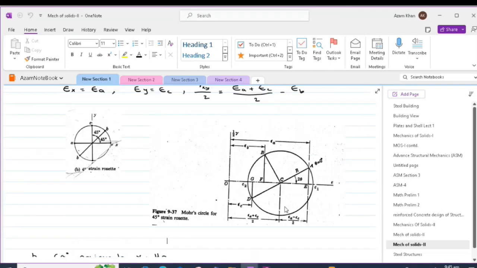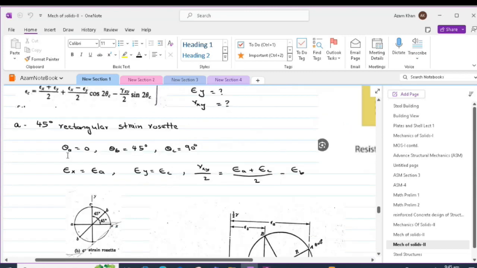We can construct a Mohr circle of strain for the 45-degree rosette. In this Mohr circle, we have the first strain gauge at theta 0, then 2 times 45, the other one at 90 degrees, and the third strain gauge at 180 degrees.